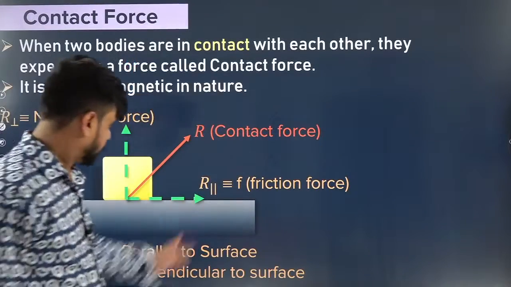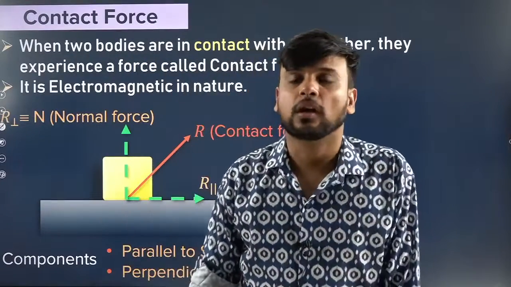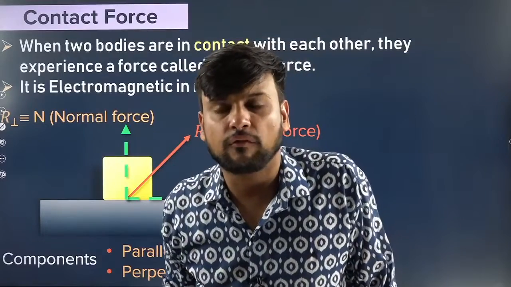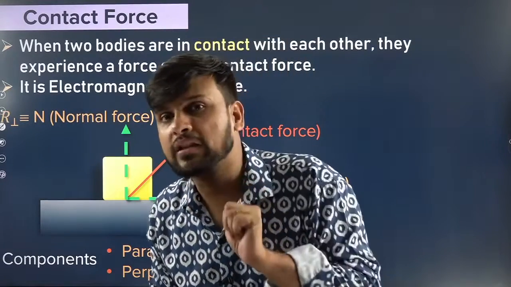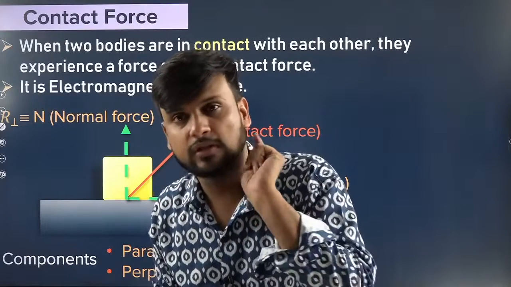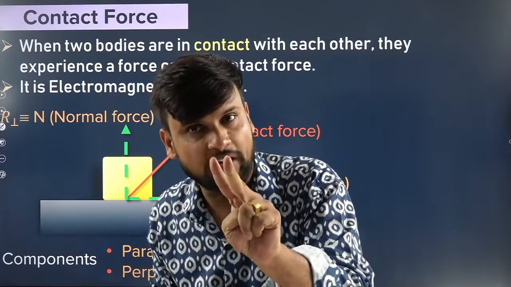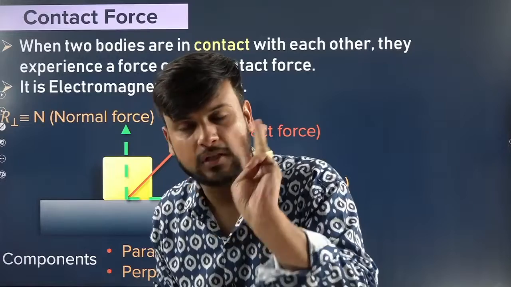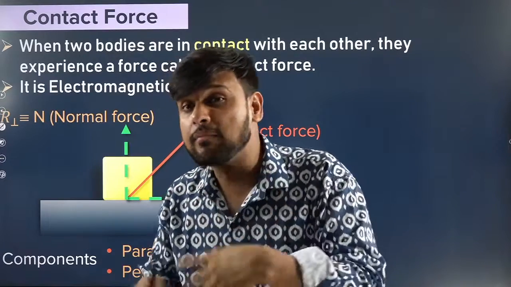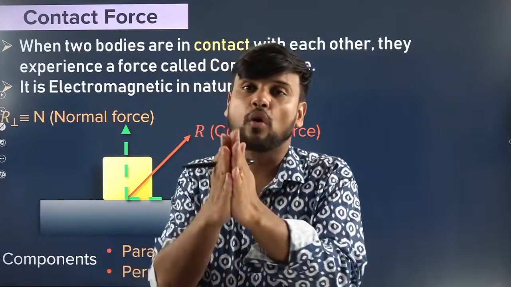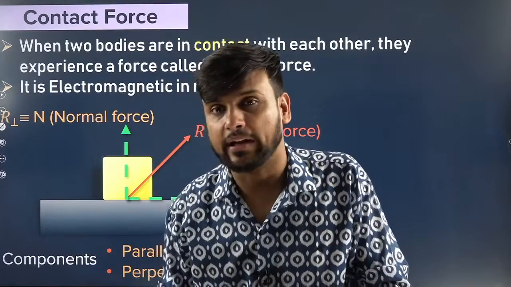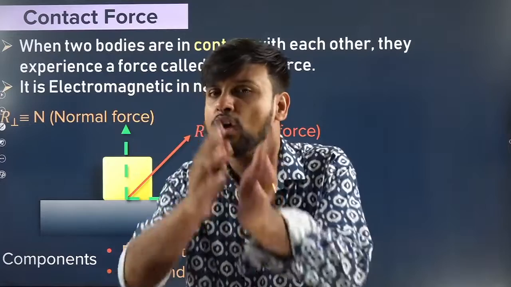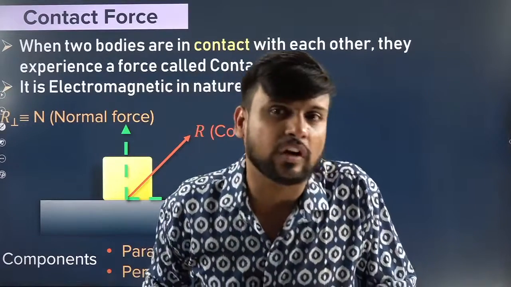Okay, next one, contact force. Just like we have divided forces into 4 categories, gravitational force, electromagnetic force, strong nuclear force and weak nuclear force, similarly, on the basis of contact and non-contact, we divide forces into 2 categories. So you tell me, normal force is what type of force?